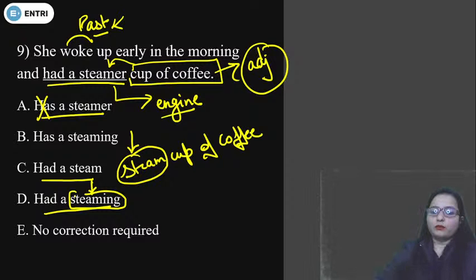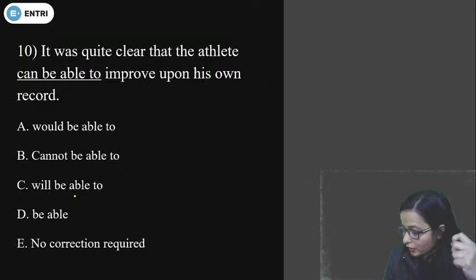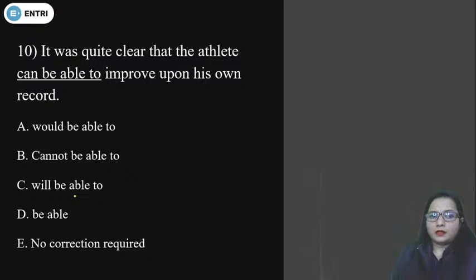Okay, moving further, we have the 10th question with us, the very latest question. It was quite clear that the athlete can be able to improve upon his own record, and you have options like these: would be able to, cannot be able to, will be able to, be able, or no correction required.